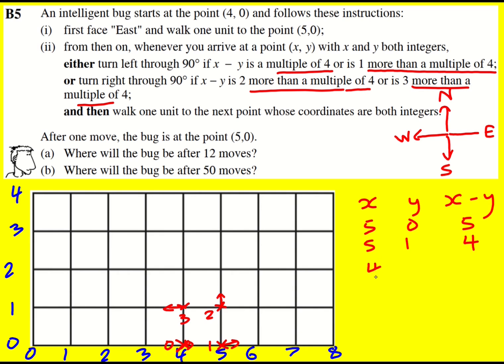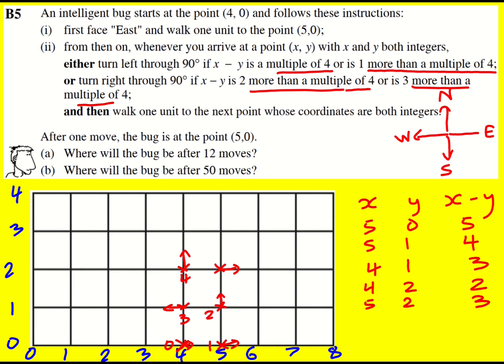So then we've got 4 minus 1 to give 3. And now this is 3 more than a multiple of 4, which means that it's going to move to here. 4, 2. This is 2 more than a multiple of 4 because 0 is a multiple of 4. So it's going to go to here, be facing this way. 5, 2 gives 3.